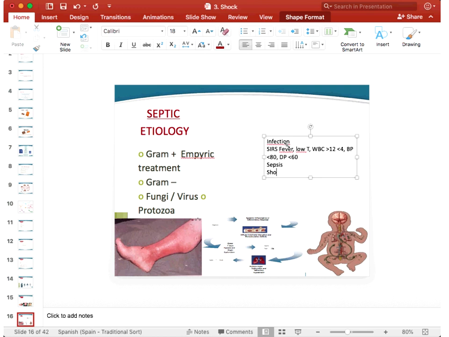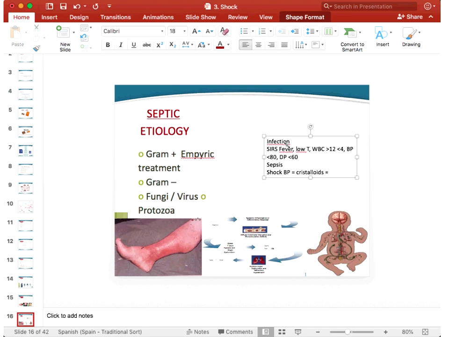And then we have shock. Now, the septic shock means that the blood pressure is not responding to the normal therapy, which are crystalloids. Okay? So if you have this, then your patient is in shock due to an infection.